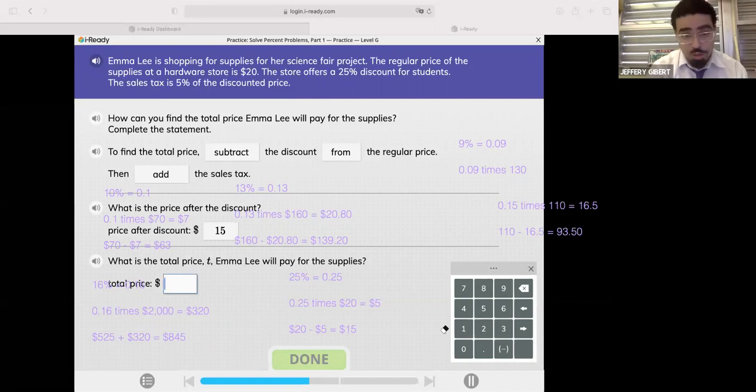What's the percentage for the sales tax? No, what's the last sentence of the problem say up top in the purple section? The sales tax is, so up here.